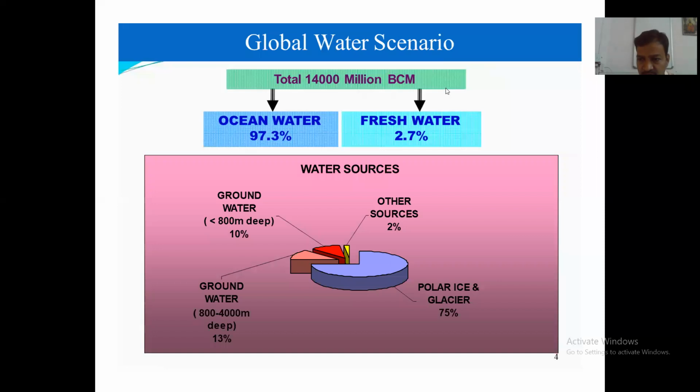Ocean water is salty, impure, and is not used for drinking purpose. It contains some alkalis, acids, etc. So ocean water has the larger percentage, about 97.3%. Out of that, fresh water is only 2.7%. 2.7% fresh water is available.